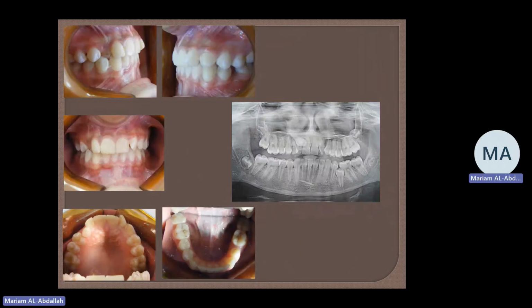This is a beautiful study case. As you can see, looking at the dental age, the sevens are fully erupted. The roots are not completed yet, so this patient is 14 years of age.